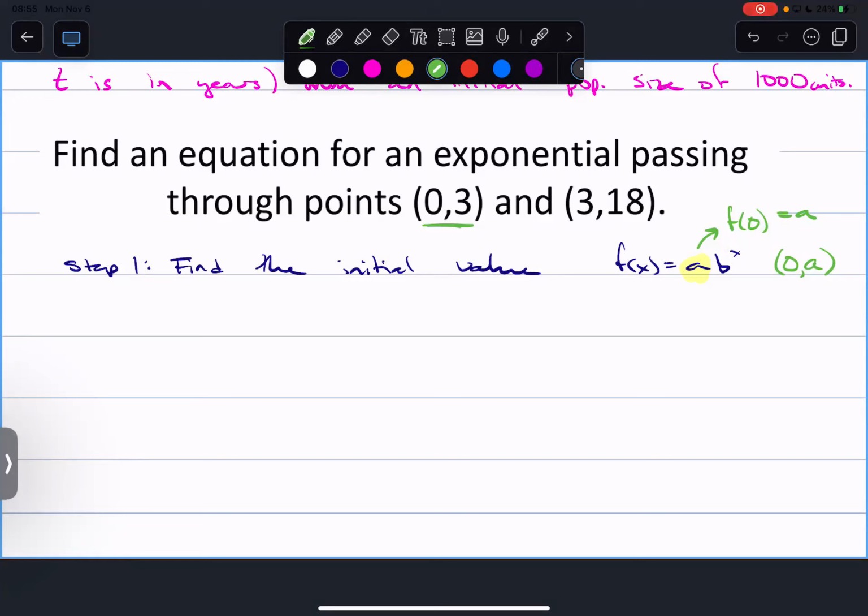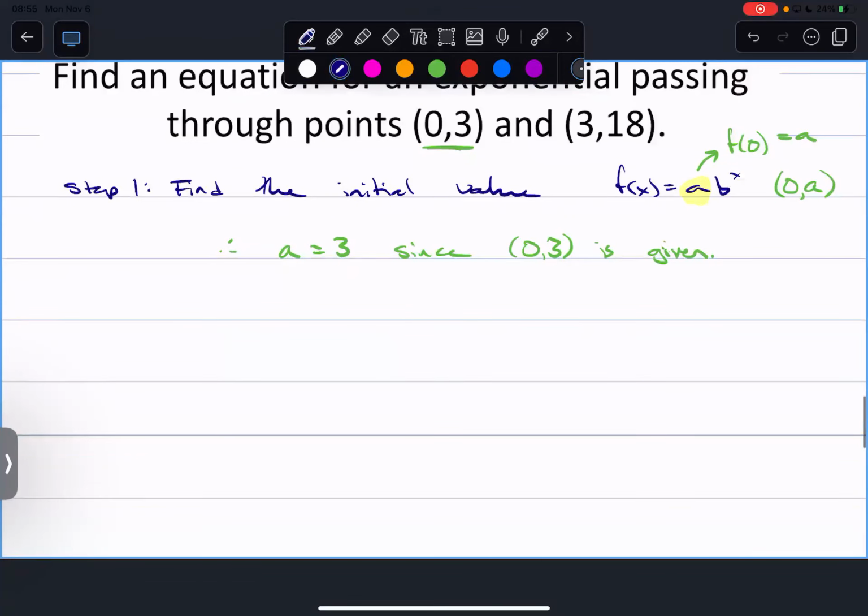So a must be 3, since 0, 3 is given. Okay, that's good. So then we have f of x is equal to 3 times some b to the power of x.